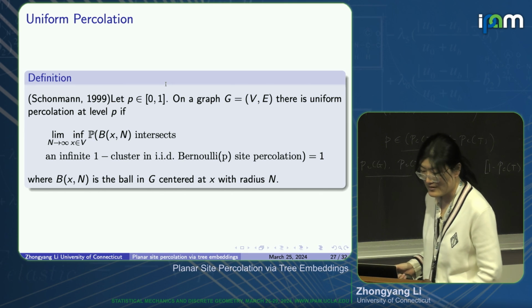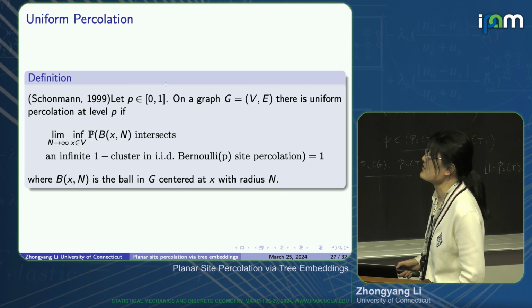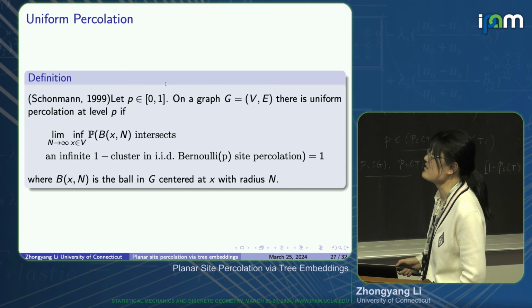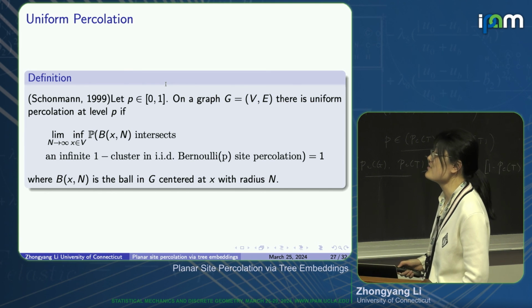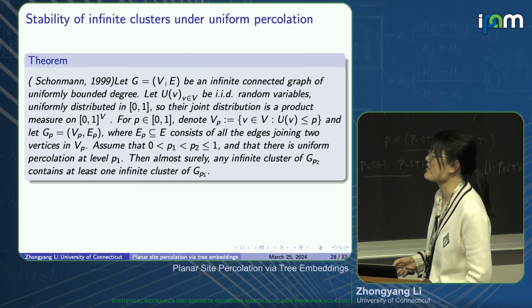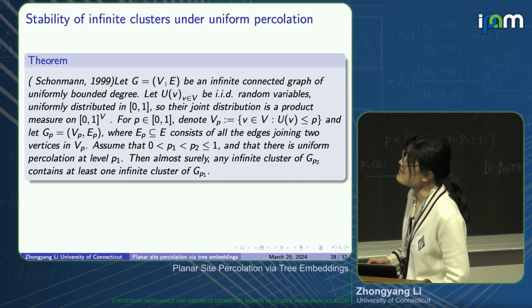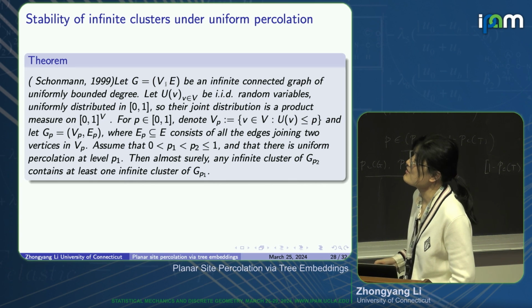We consider the probability that the ball intersects the infinite cluster in the i.i.d. Bernoulli P site percolation. If this probability converges to 1 uniformly over all different vertices, then we call that uniform percolation.